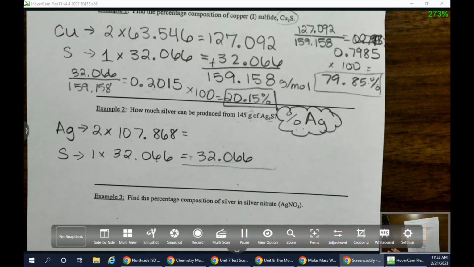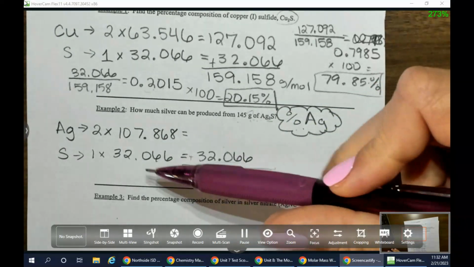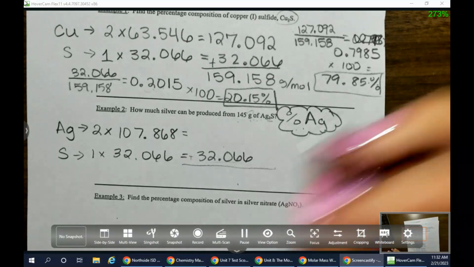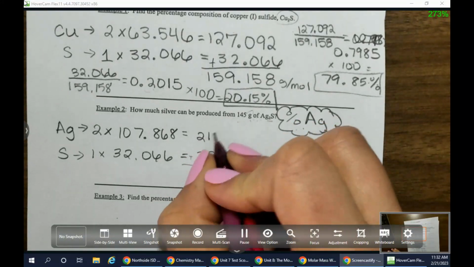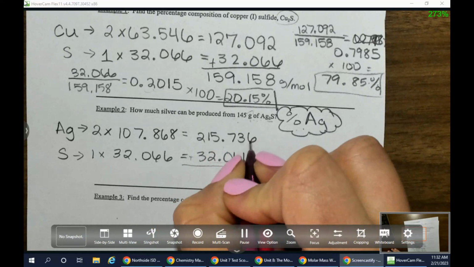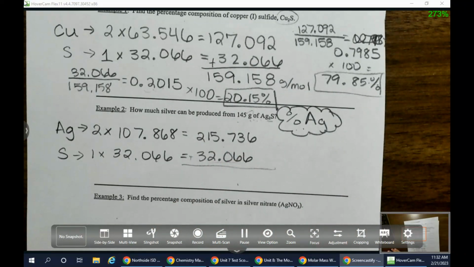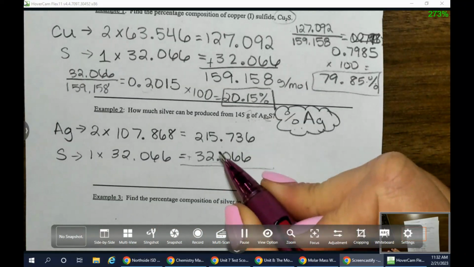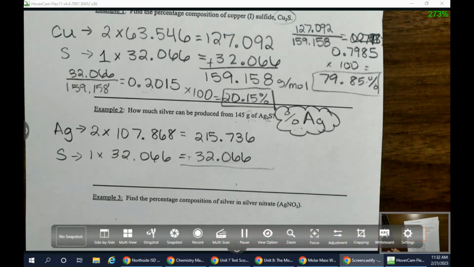So, did anybody get the mass of 2 silvers? 215.736. Yes, everyone? Okay, cool. Awesome. So you're just going to add those together to get our total molar mass, right?